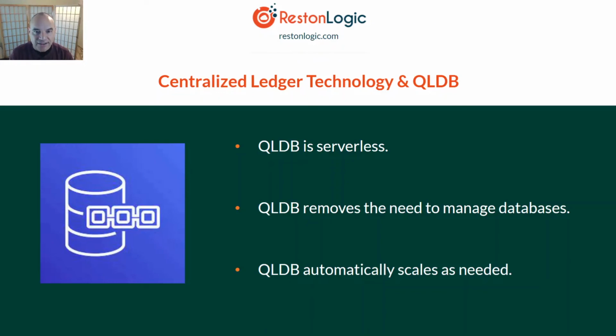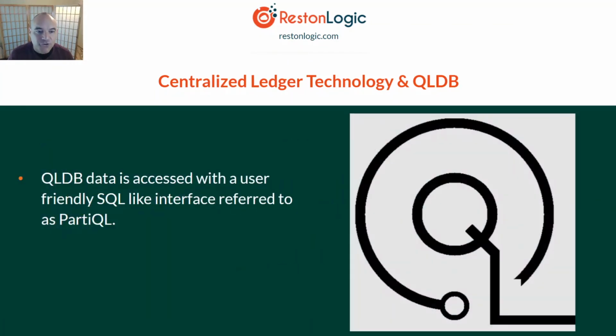Now you have all the experience and talent of Amazon managing your centralized ledger for you. You can see how compelling this choice might be for many use cases. Furthermore, they have a very nice interface for accessing data in QLDB. Data is accessed with an SQL-like interface referred to as PartiQL.